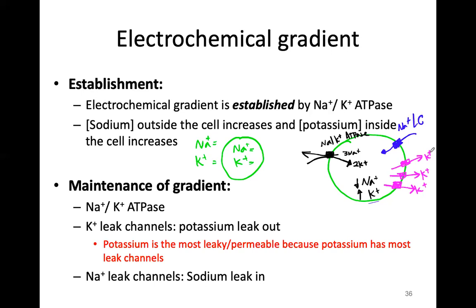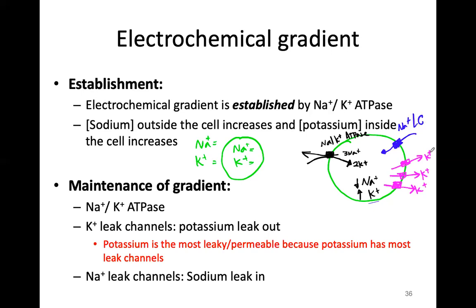So pay attention to the questions when we're talking about establishment versus maintaining. When you originally establish it, the only channel that is involved is your sodium potassium ATPase. After the establishment, if I want to continue keeping that electrochemical gradient when your cell is resting, so it's not excited, it's just resting, I need the involvement of both the potassium and sodium leakage channels, potassium being more effective in moving potassium out.